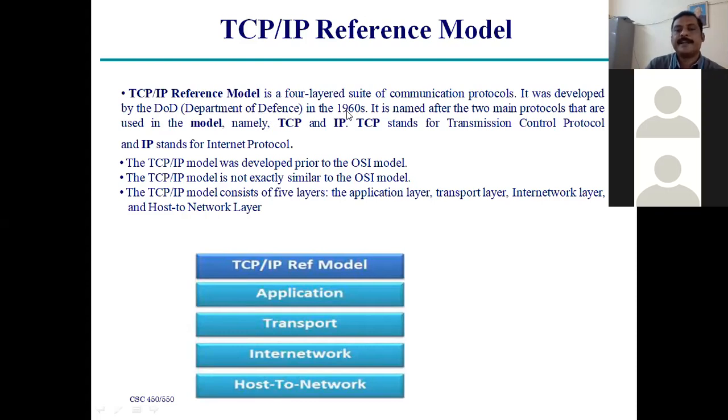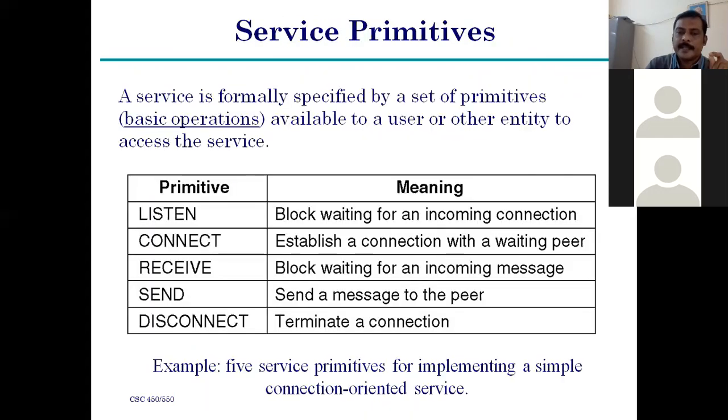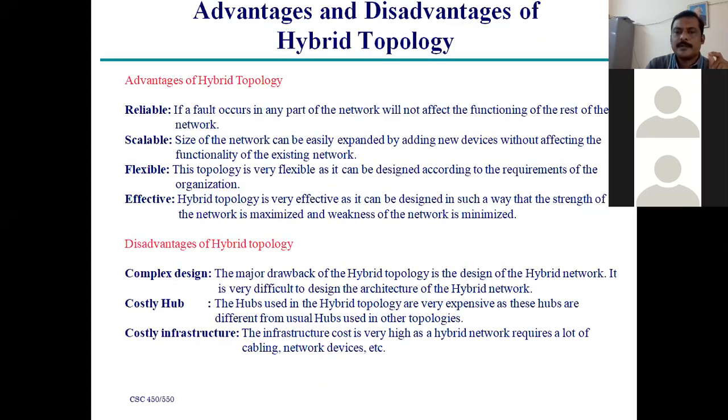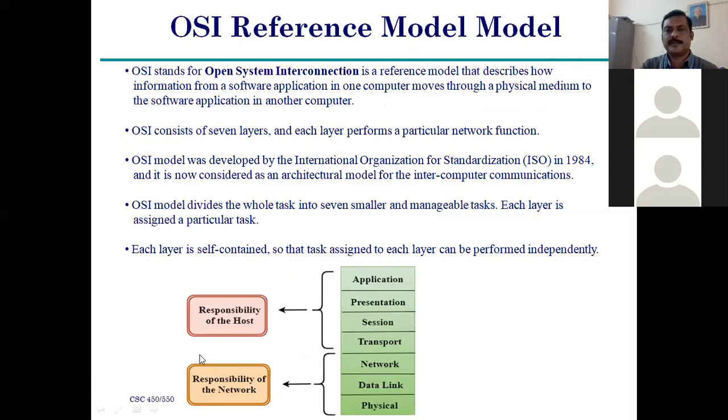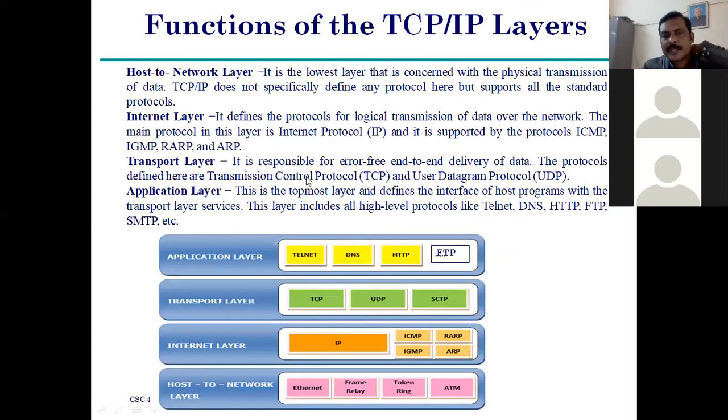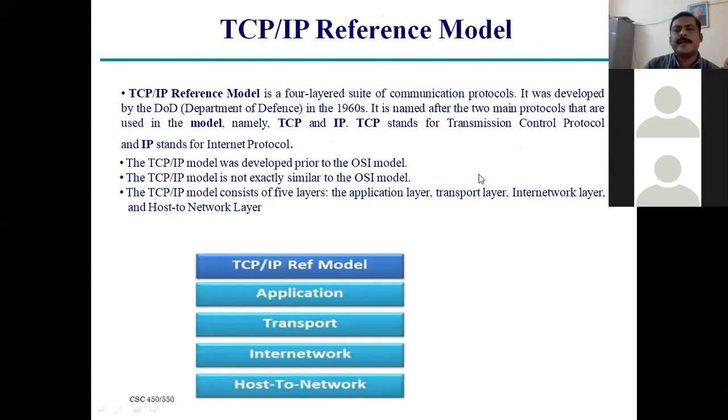In the OSI model, the OSI model is introduced to the market in 1984, one of the important reference models, right? The TCP/IP model was introduced to the market in the mid of 1960s.